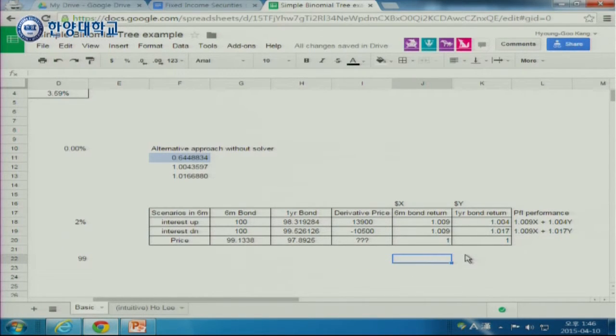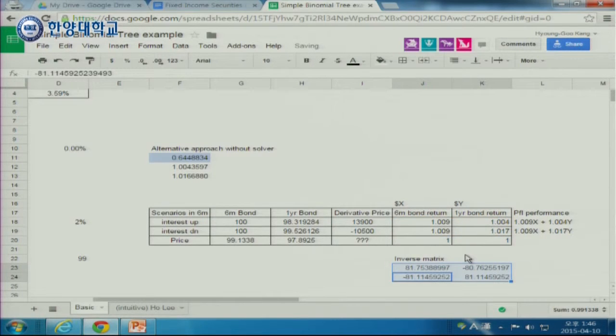Of course, I'm using linear algebra because it is cleaner, but you can solve systems of equations by hand. That is another way. So let's calculate M inverse. Okay, so this is the inverse matrix.